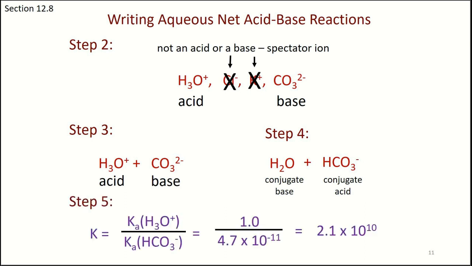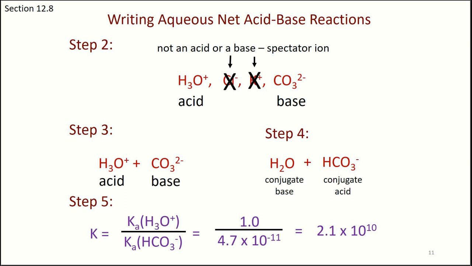Lastly, to determine whether this reaction exists in the forward direction or if it exists in equilibrium, we will calculate the value of K for this reaction. To do that, we take the acid dissociation constant of the starting acid, hydronium, which is 1, and divide it by the acid dissociation constant of the conjugate acid, or the acid on the product side, hydrogen carbonate, which is 4.7 times 10 to the negative 11.